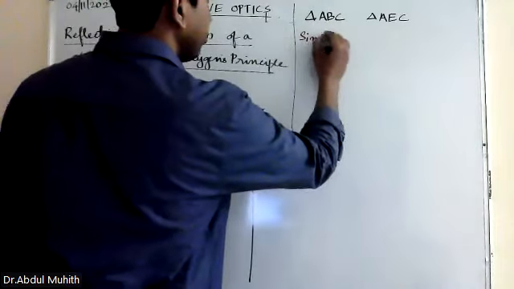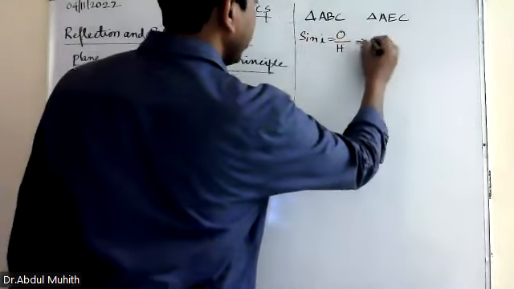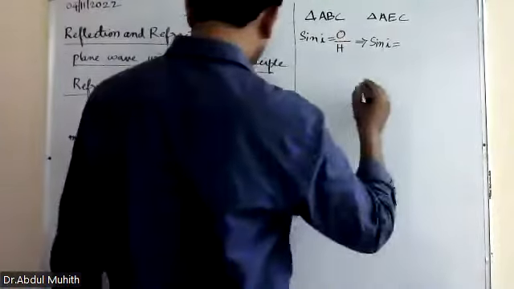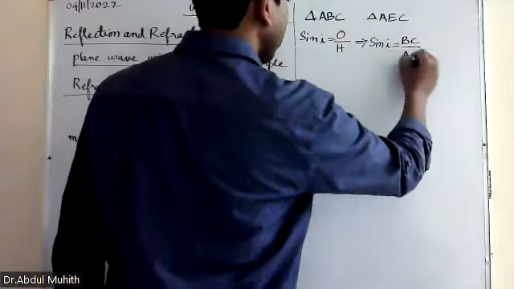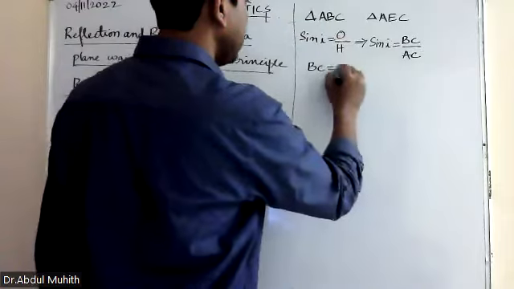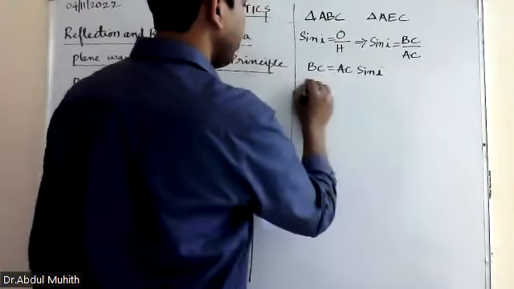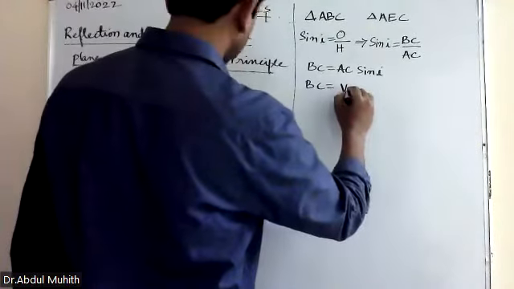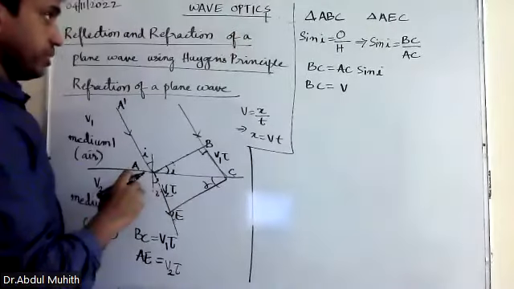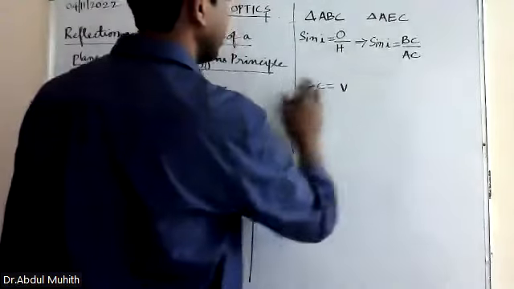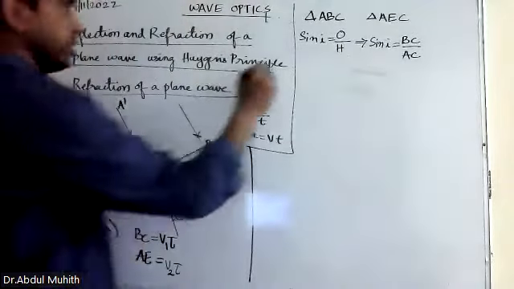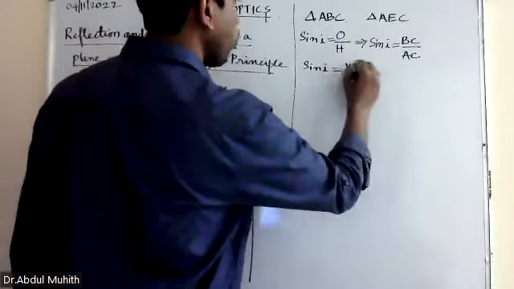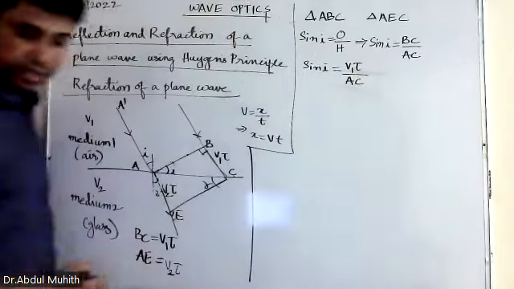Opposite side is BC, hypotenuse is AC. So sine I is equal to BC by AC, therefore BC is equal to AC sine I. We substitute: sine I is equal to BC, which is V1 tau, and AC is as it is. We are not doing anything with that. This is the first one.